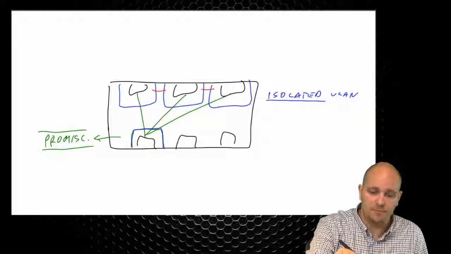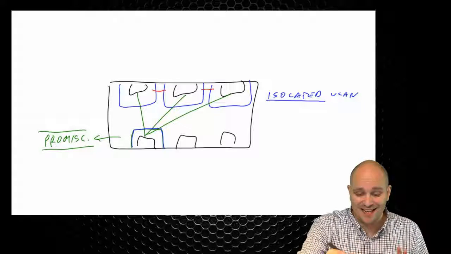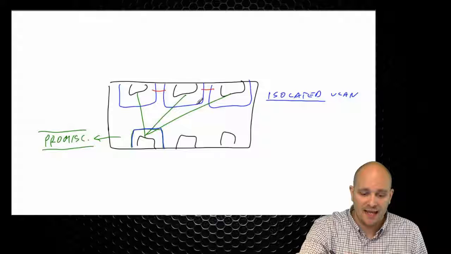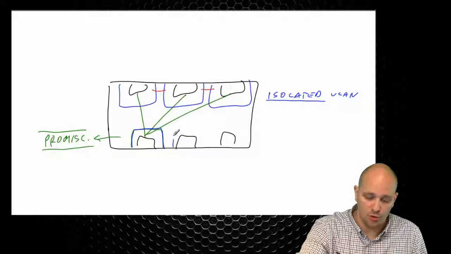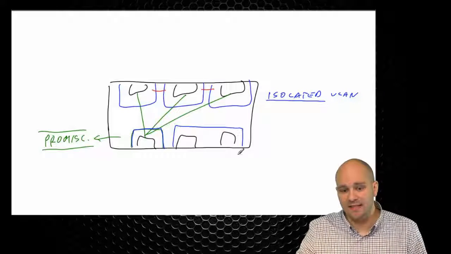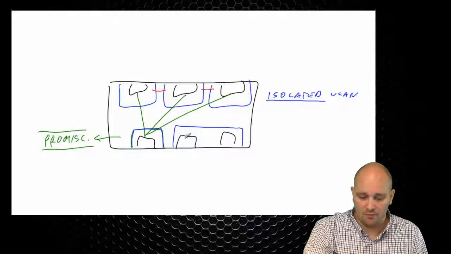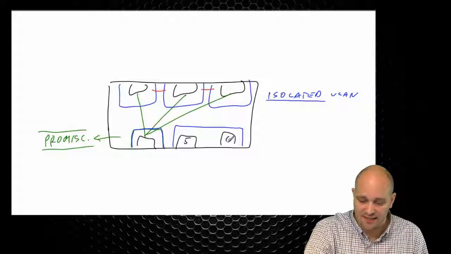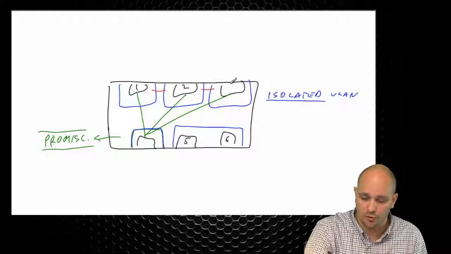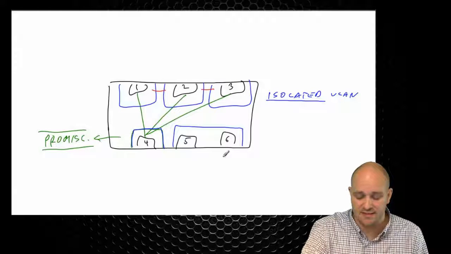Now, the second type of the secondary VLAN is something that we call the community VLAN. Now, let's say that we had these 2 ports. So let's designate them, for example, ports 5 and 6. So let's say that this is 1, 2, 3, 4, 5, and 6 here.